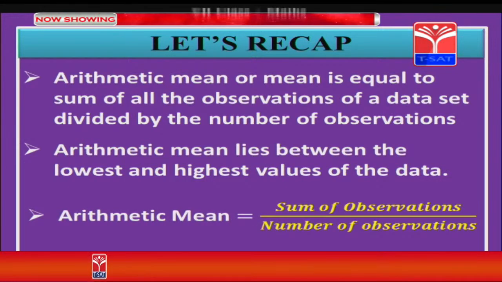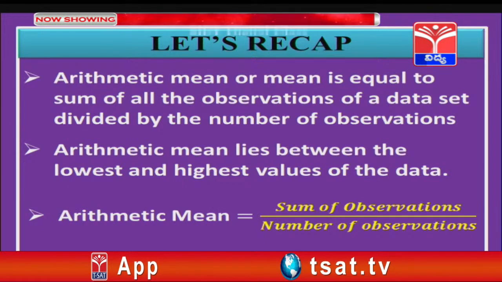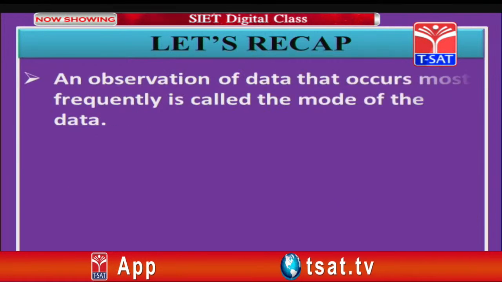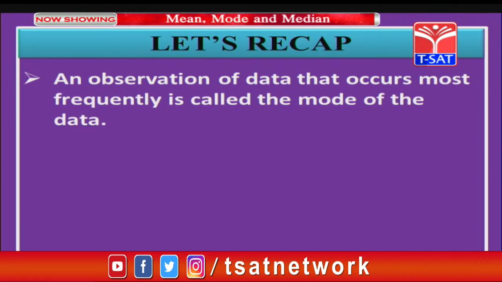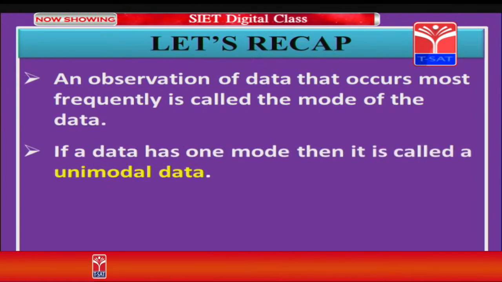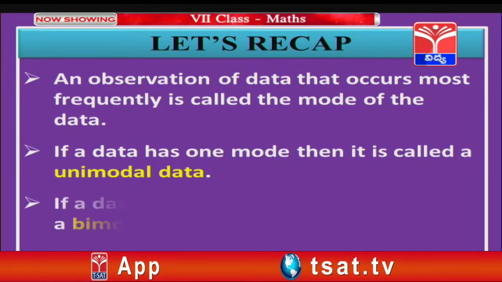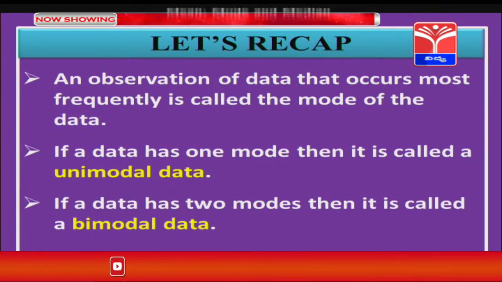An observation that occurs more frequently or that occurs many times is called the mode of the data, and if the data has only one mode, we call it unimodal data, whereas if the data has 2 modes, we call it bimodal data.